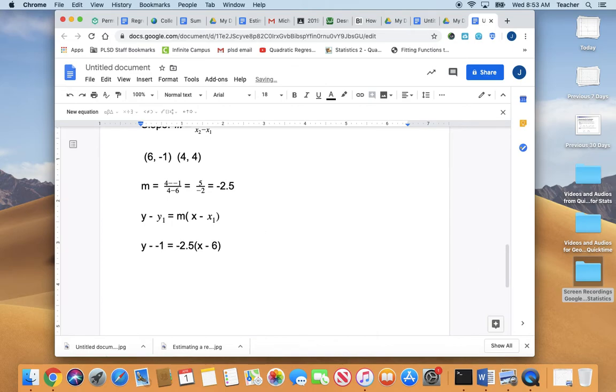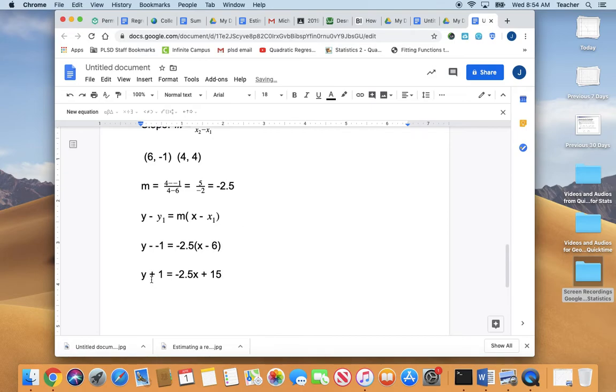Just so we get started in the same place, y minus a -1 is really y plus 1 equals, so this would be -2.5x, and then when I take -2.5 times -6, a negative times a negative is a positive, and that would give me plus 15.